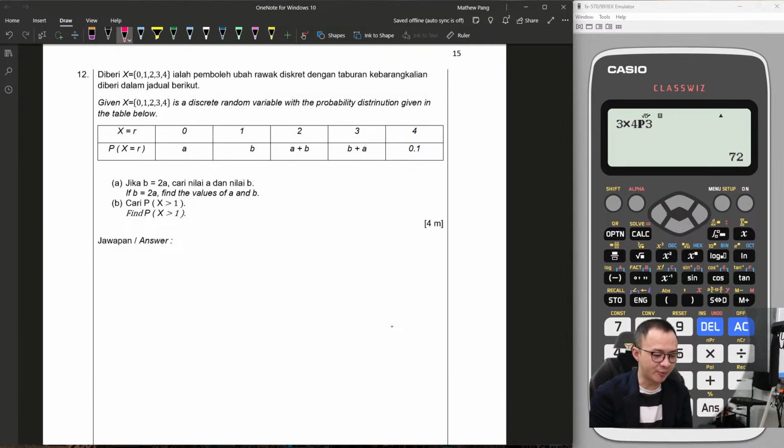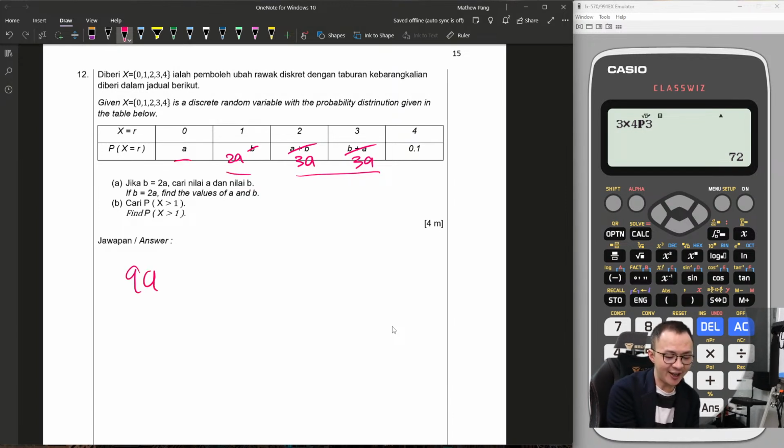Discrete random variable. The discrete random variable gives us x from 0 to 4. b equals 2a. Find the values of a and b. Since b equals 2a, right? This one is 2a. This one is 3a. This one is 3a. This one, okay, so how many a's do we have? 6, 8, 9.